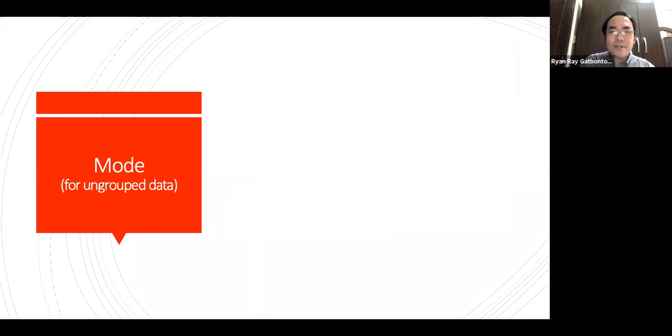As discussed earlier, the mode is the most frequently occurring data in a data set. It is usually represented by an X horn, or an X with a horn on its head. So your mode for this data set will be the most frequently occurring data.